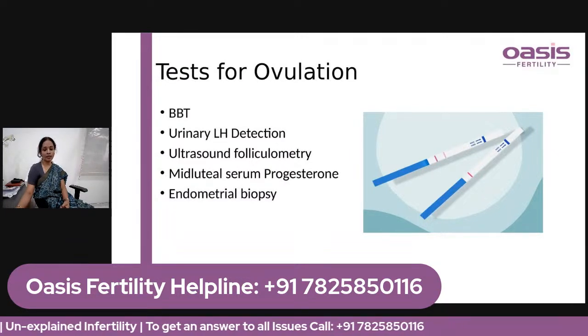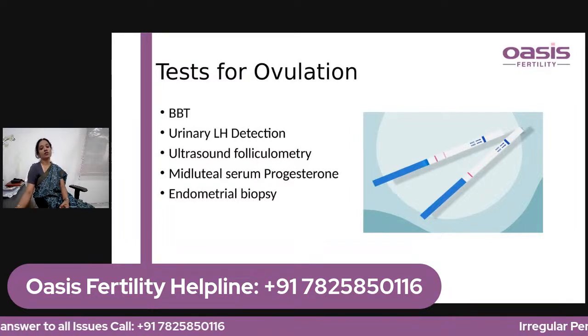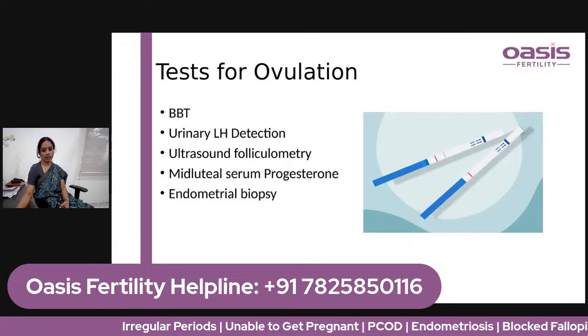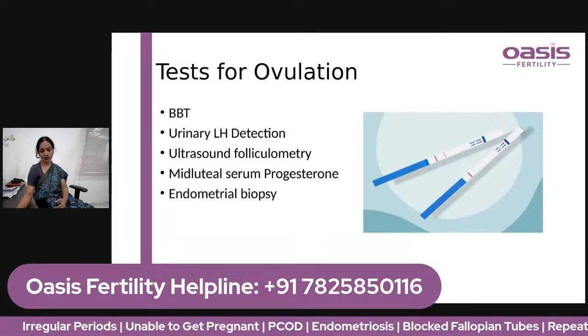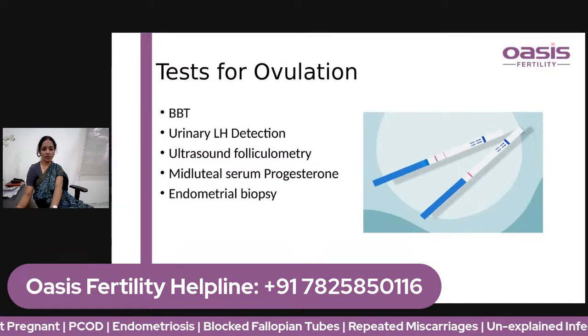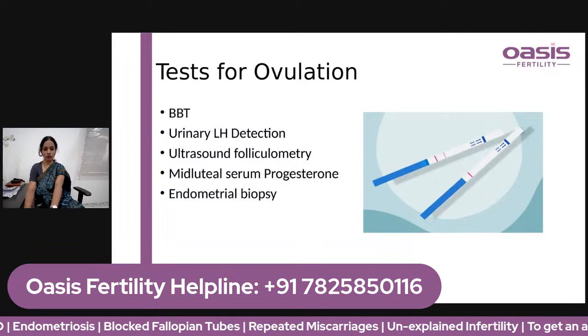There is also a uterine biopsy, which is not commonly done. So the common test is using an ultrasound to scan your follicles to identify if ovulation is happening, or to do a blood test post ovulation to see if ovulation has happened. So these are the tests for ovulation to assess the function of the ovaries.